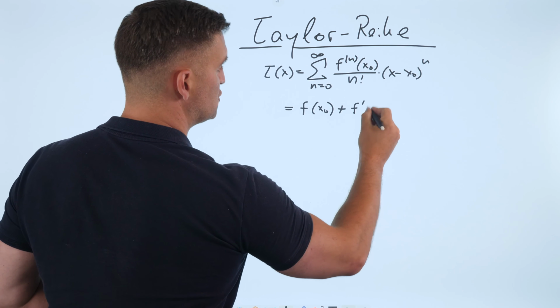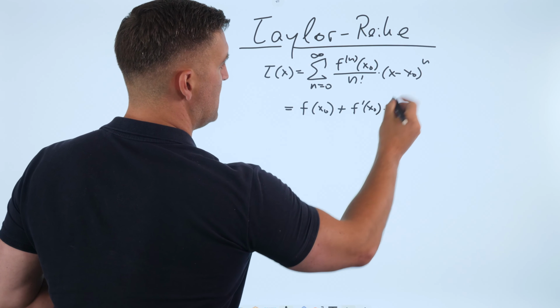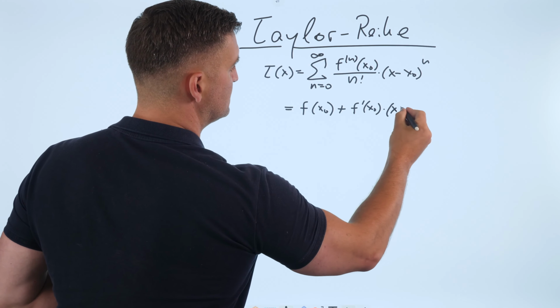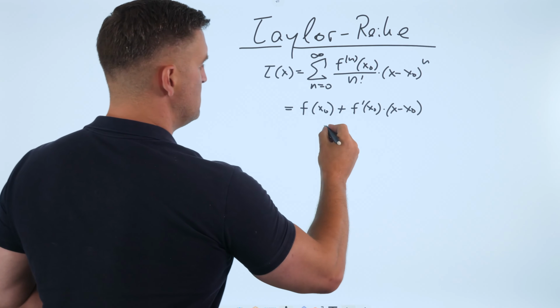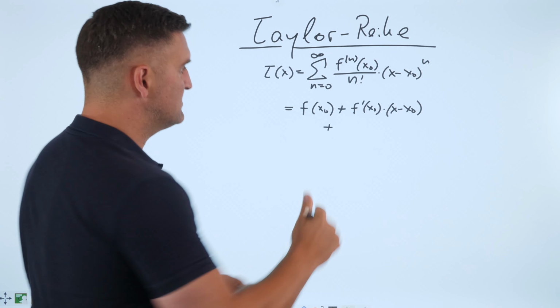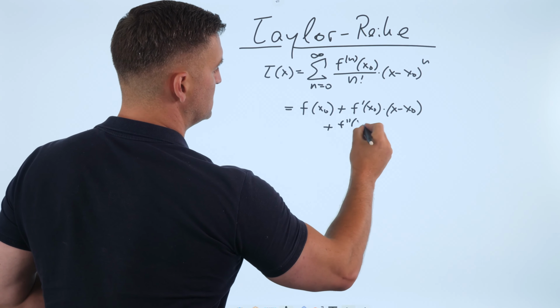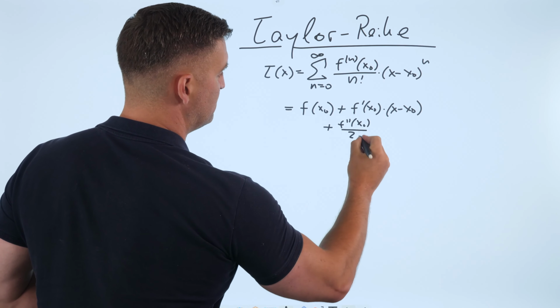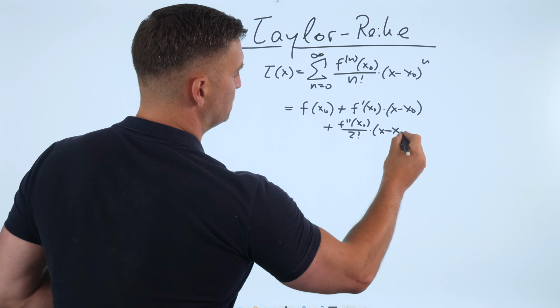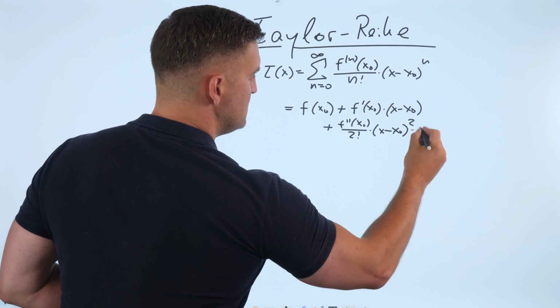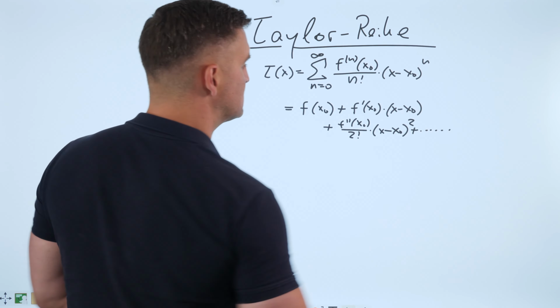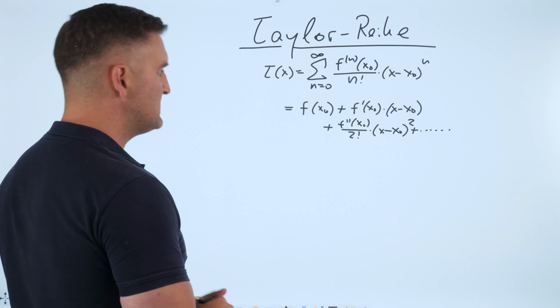So that's f prime of x naught times x minus x naught to the power of 1, which is just x minus x naught. Then you plug in 2. So that would be the second derivative, f double prime of x naught divided by 2 factorial times x minus x naught to the power of 2, plus. And that's how it goes. I think it's clear. Then you just keep going accordingly.